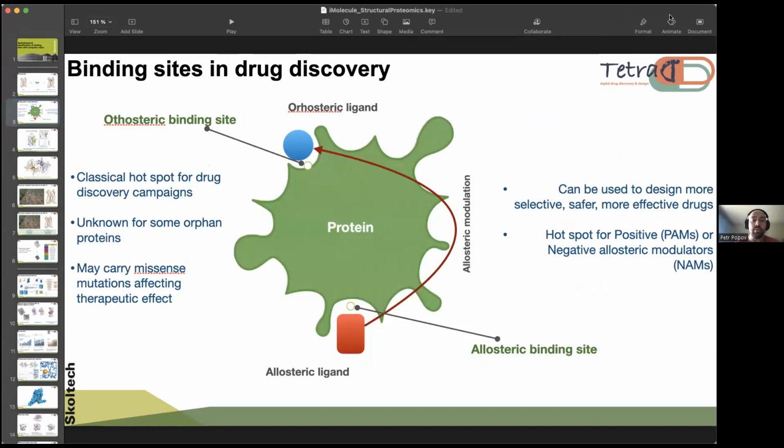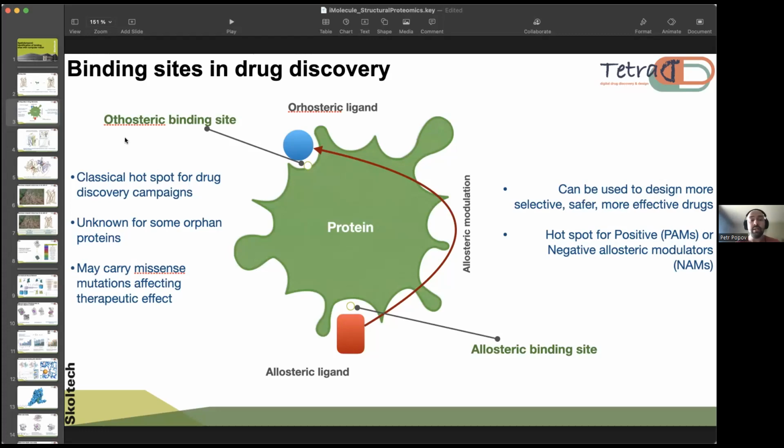There are two types of binding sites. The orthosteric binding site is where the endogenous molecule binds, like hormones or other small molecules, and the allosteric binding sites are topologically distinct from the orthosteric binding site. Both of them are very interesting objects for research.